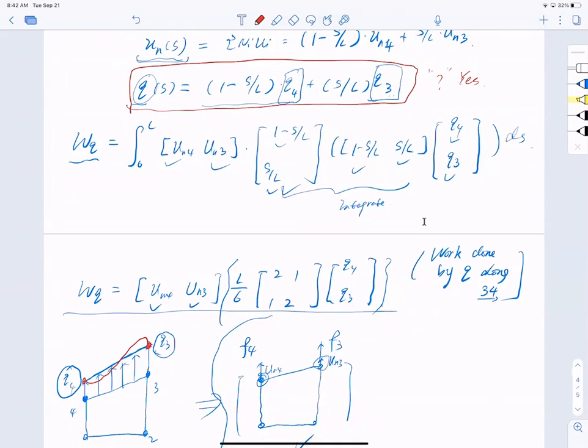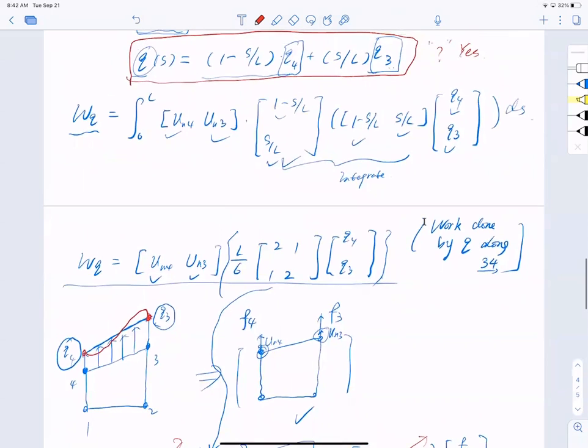Why is that? Why yes? Because when I'm trying to do this, all I care about is the total is the same, isn't it? This is the same as the FEA approximation. So you need to know that.